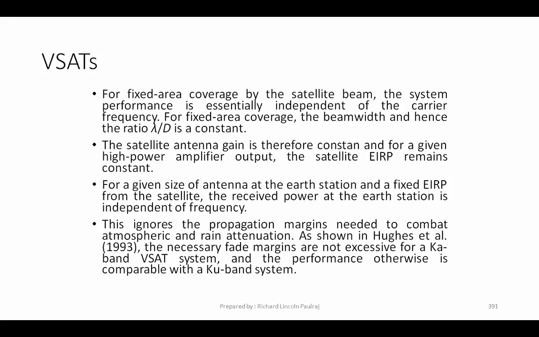As shown in Hughes, in about '93, the necessary fade margins are not excessive for K-band, and the performance otherwise is comparable with the Ku-band system. So for VSATs, comparing all this attenuation and the losses that can happen due to atmosphere and rain, we need to combat these kinds of margins, because ultimately we are concentrating on performance, so we need higher performance.